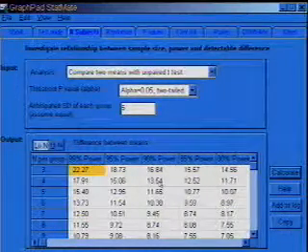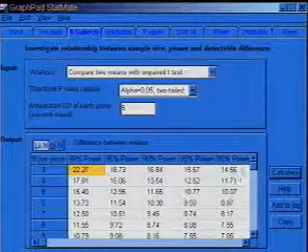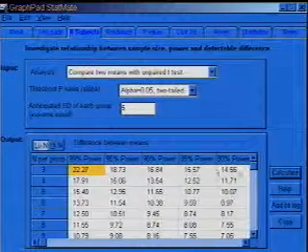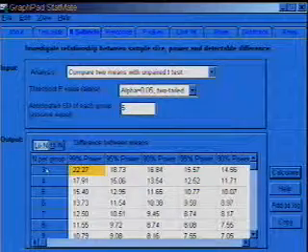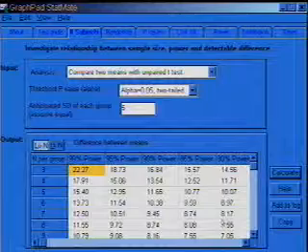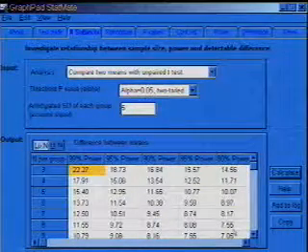I've got this on another table. But here you see the power. So you'd have to have a magnitude of difference, the difference between the means, of 14.56 if you only had 3 per group. To have about 8 per group at the 80% cutoff, you'd have to have a difference between the means of 7.55.